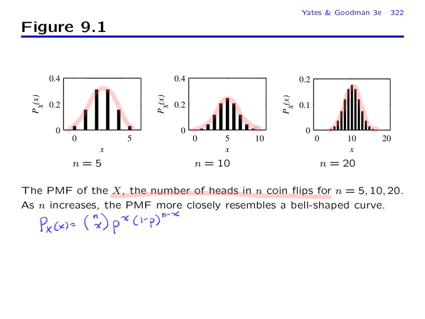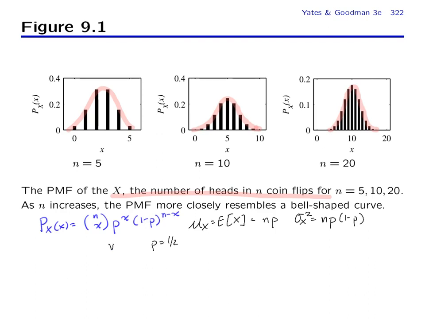We know that the binomial random variable x has expected value mu_x, which is E[x], equal to n times p. We also know that it has variance sigma_x squared equal to np(1 minus p). In these examples, p equals a half.